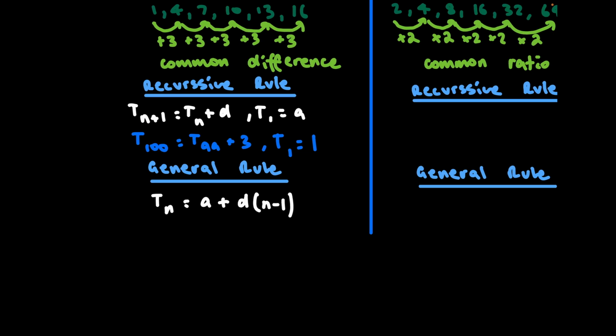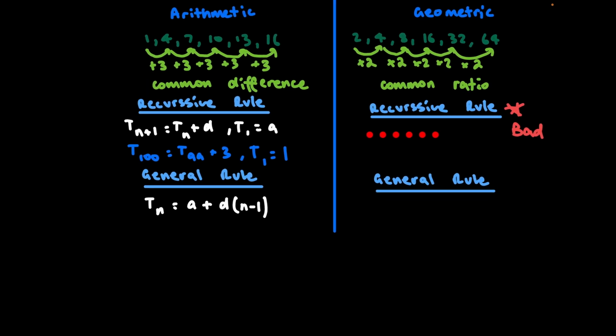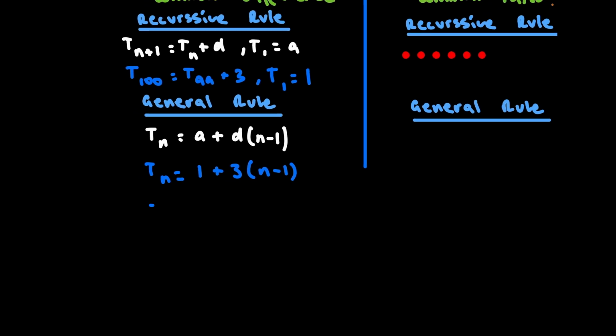I'll tell you what the general rule is for the list above. For the list above, we can say that Tn is the same as the first term. Remember, a denotes the first term, which is 1, plus the common difference, which is 3, times n minus 1. So now if I want T100, our problem is solved.